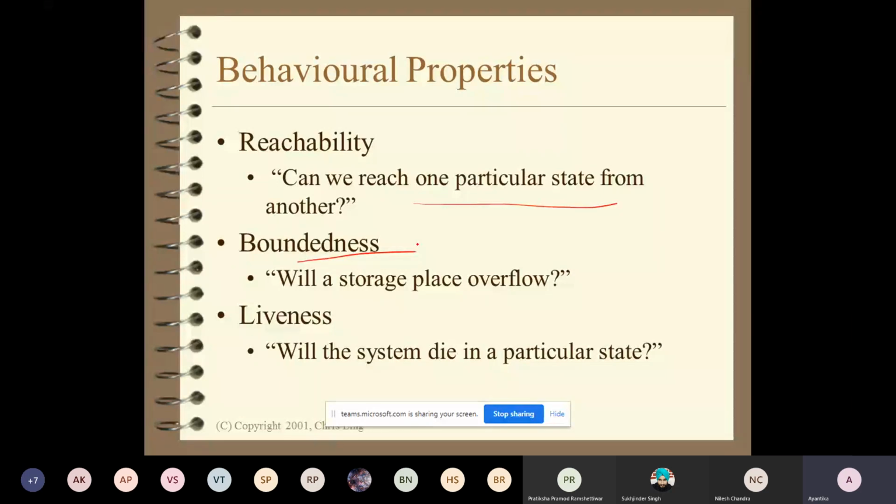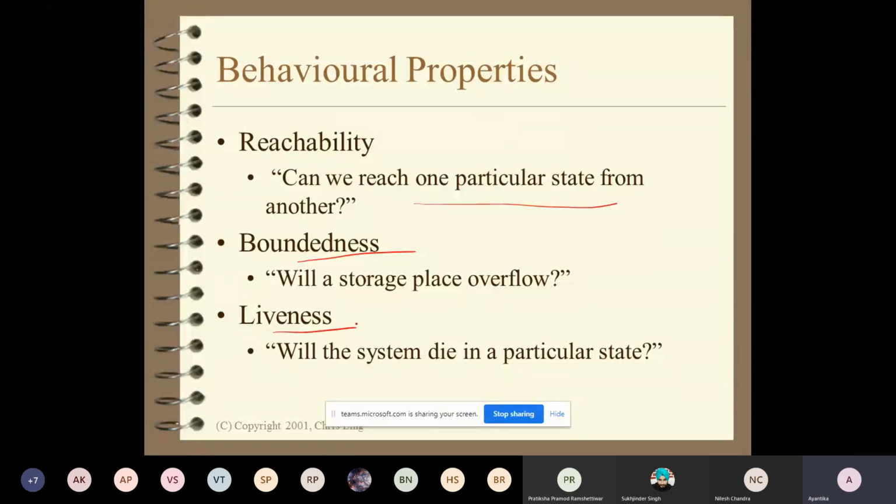So that defines the boundedness. A bounded Petri net means that there is no storage overflow. Any place can hold a maximum number of tokens, and everything is within the limit.